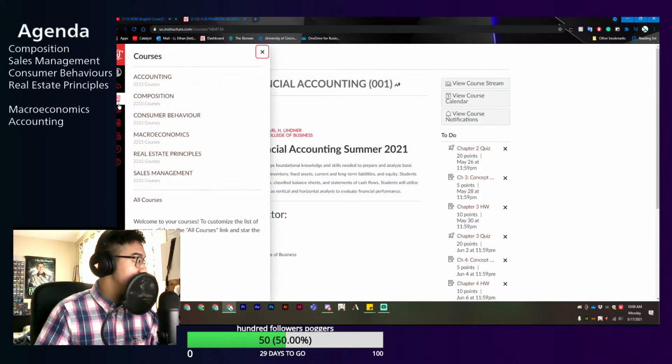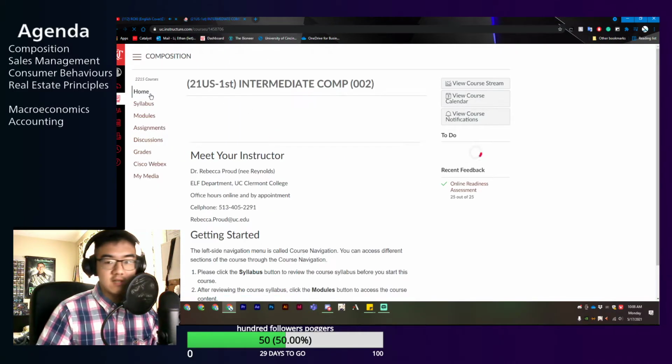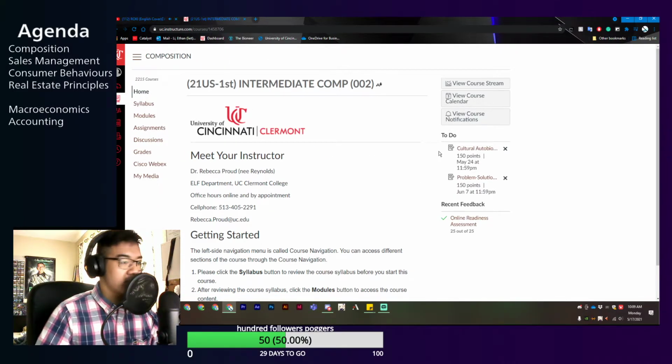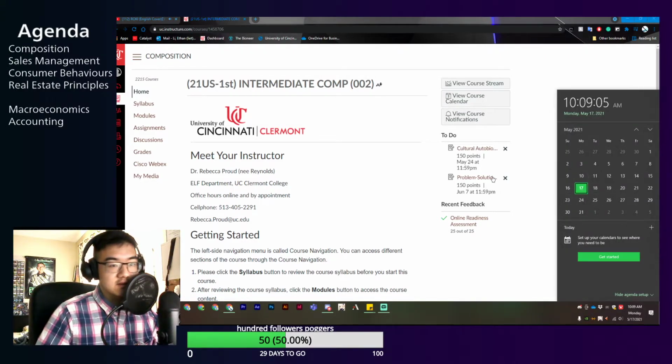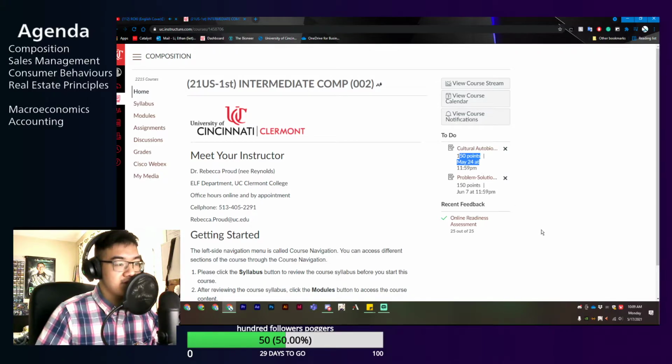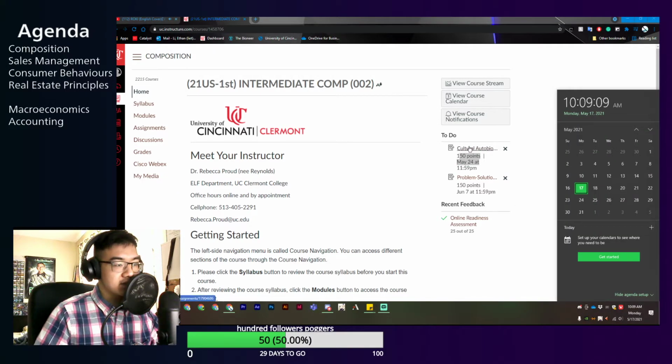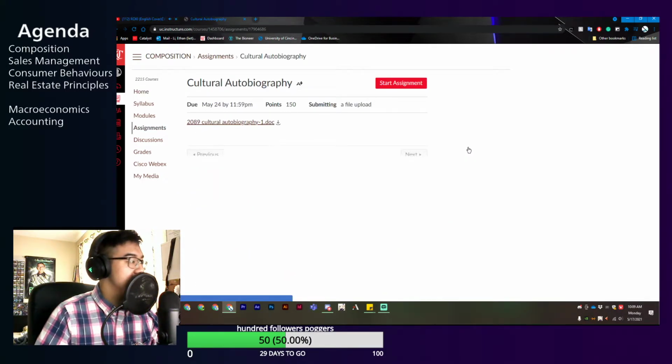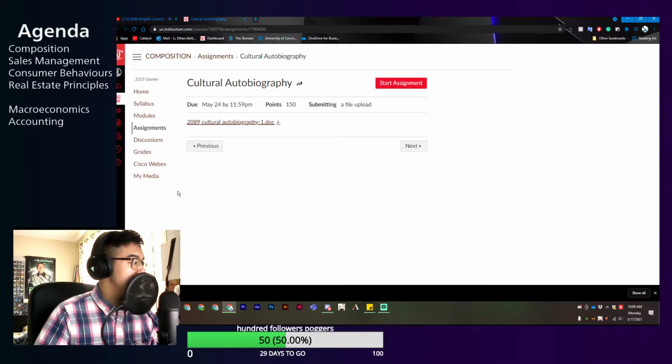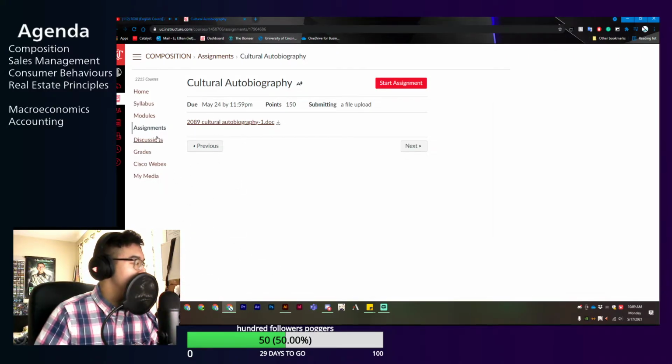I hate this class. I already can tell I will hate this class for the rest of... Oh god, this is due, 150 points next week. Holy shit, what is this? Well, let's download this. Oh, it's gonna open in Illustrator. Why is it gonna open in Illustrator?